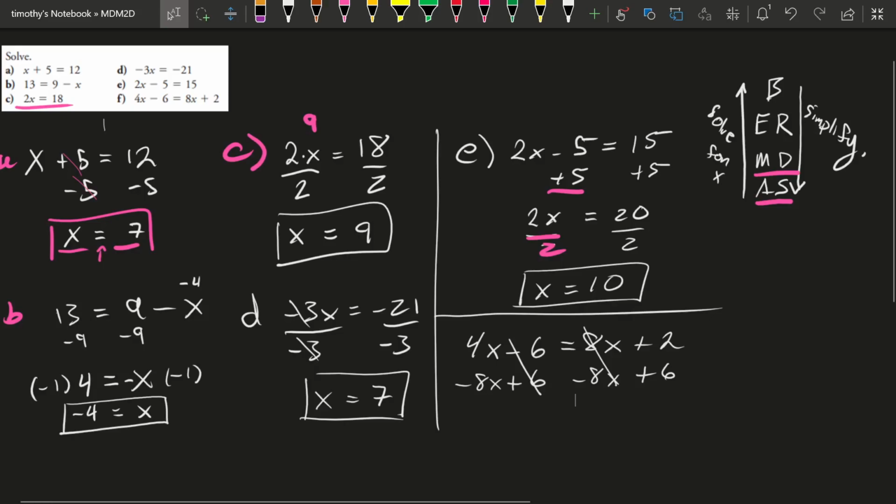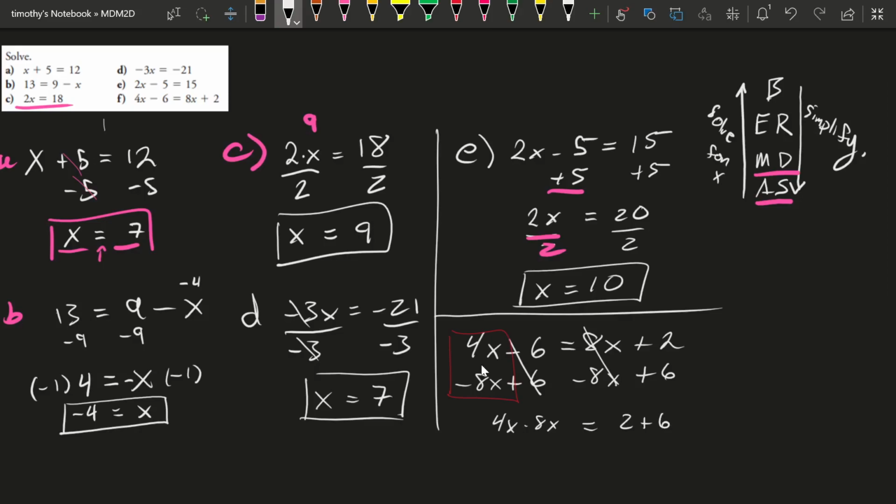Now over here, notice I put the 4x and the 8x one on top of each other. Well, what I'm intending to do here is these are like terms, 4x and 8x. And if I combine a 4x and an 8x through addition and subtraction, what I'm trying to do here is a 4x minus an 8x, while over here I'm doing a 2 plus 6.